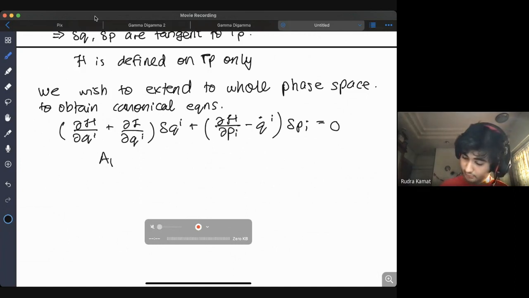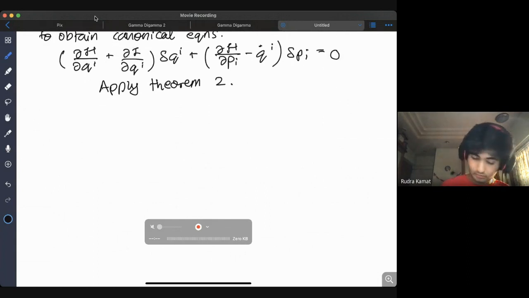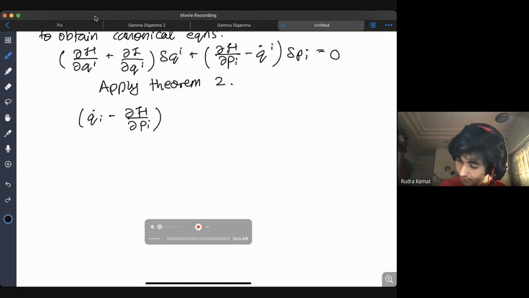So now we apply theorem 2, because we have an expression that looks like it can be used in theorem 2. So q_i dot minus partial H with respect to p_i is weakly zero, I believe, was the expression in the theorem.